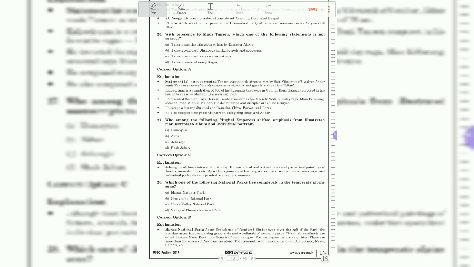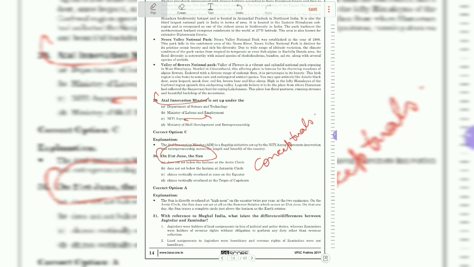So basic things. This is art and culture, very basic. Digital portrait, you know, Jahangir, very easy question, right? Atal Innovation, current affairs, NITI Aayog, this is a conceptual question. Such things are from the new NCERT history.